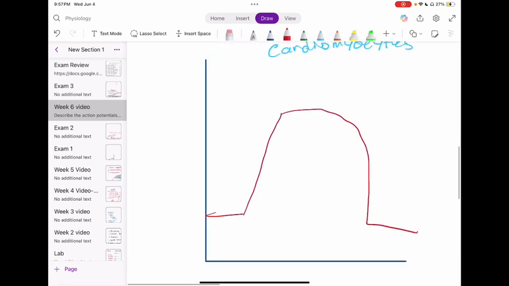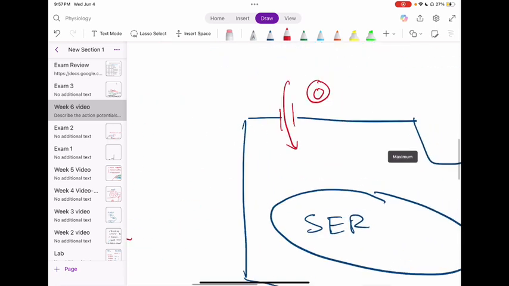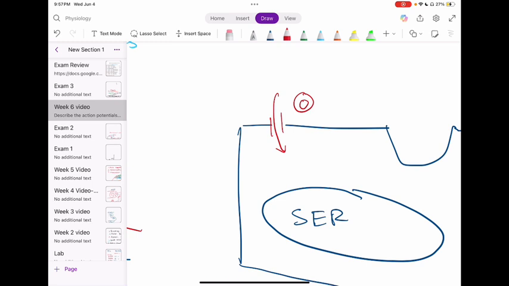Sub-0 would be right here. As that comes in, it's actually that sodium again. It comes in, it activates this potassium chloride channel.